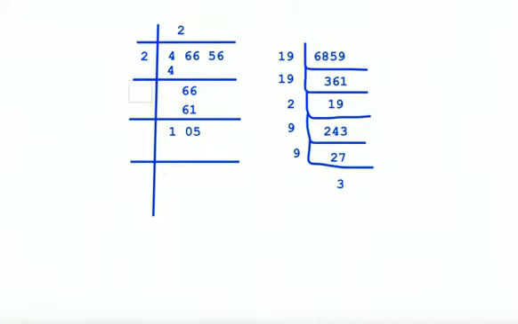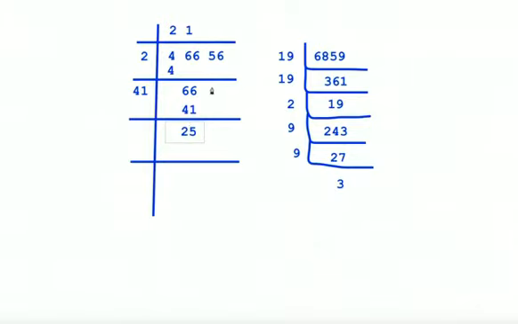2 plus 2 is 4. Now 2 I can't take. I can take only 1. Now 1. So this is 41. 1 will go. 6 minus 1, 5. 6 minus 4, 2.